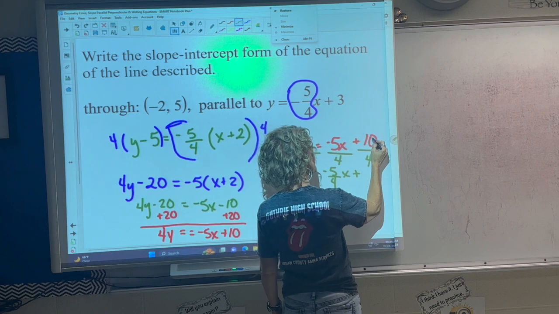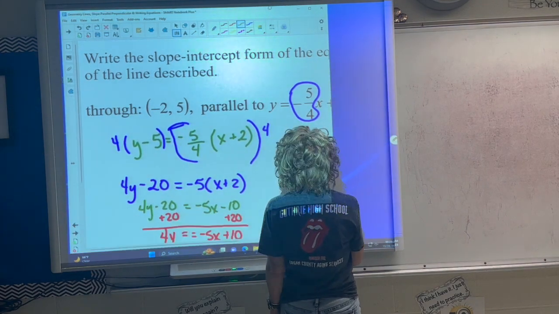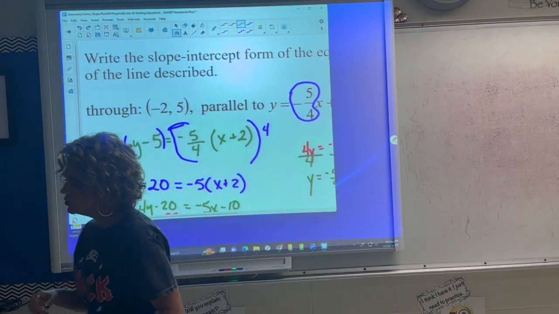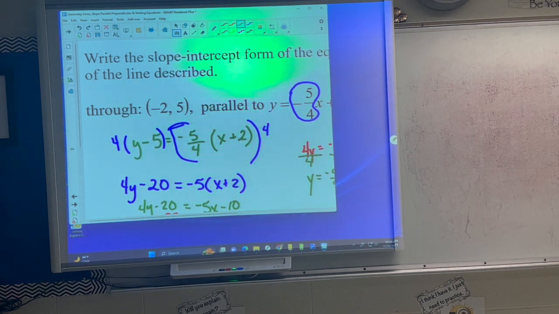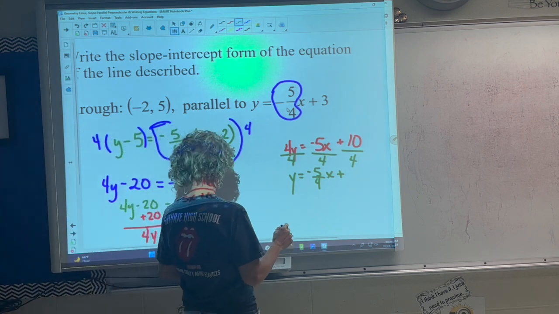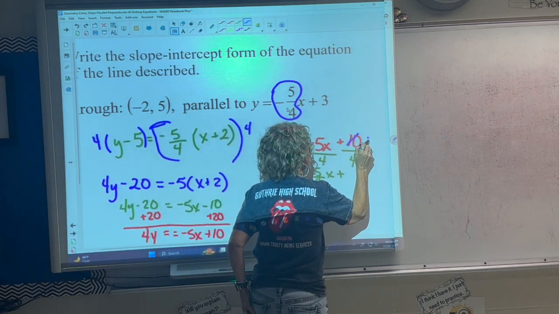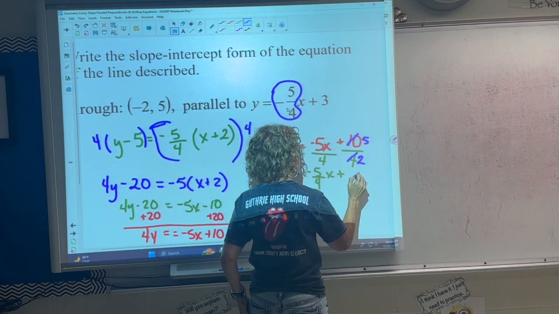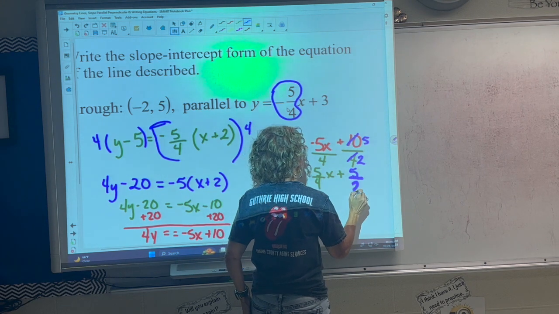So 2 goes into 10 5 times, and 2 goes into 4 twice. So I end up with 5 over 2, okay? 2 goes into 10 5 times, 2 goes into 4 twice, so I end up with 5 halves.